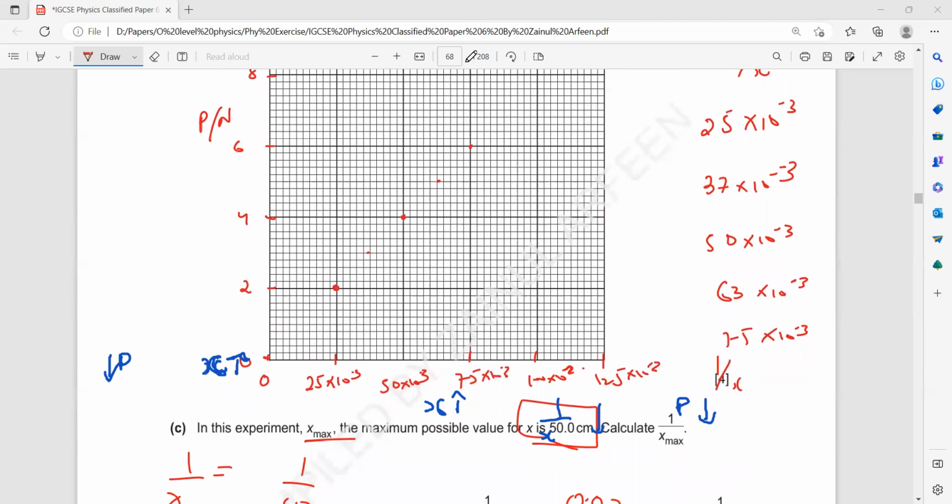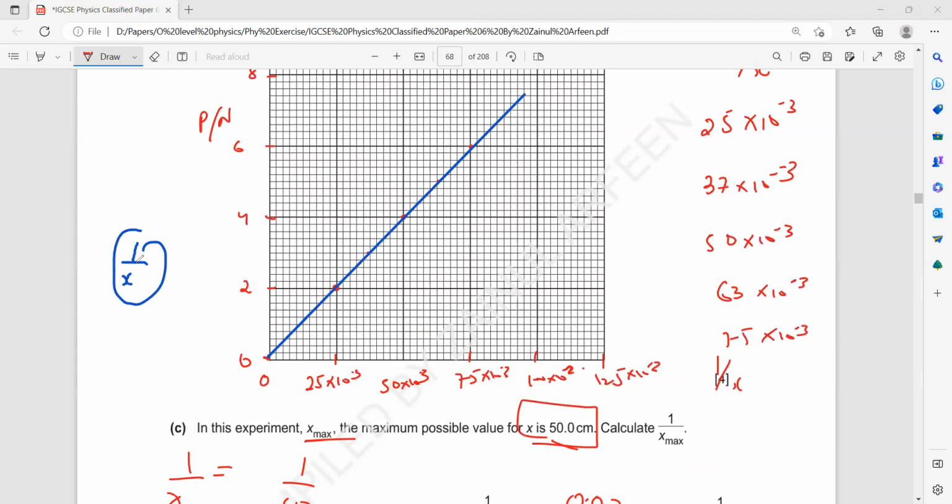So this is our graph and we work out the value for 1 over X, the minimum value of 1 over X, because using the minimum value of 1 over X, we can determine the minimum value of P. So this is 2.5, this is 5, 7.5, 10, 12.5, 15, 17.5, 20.